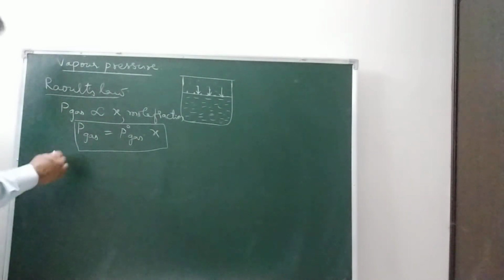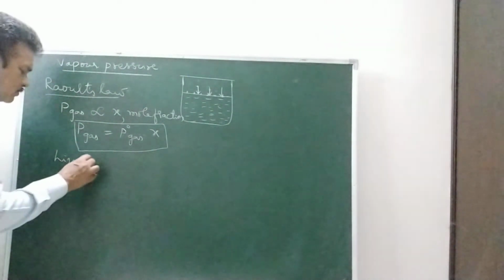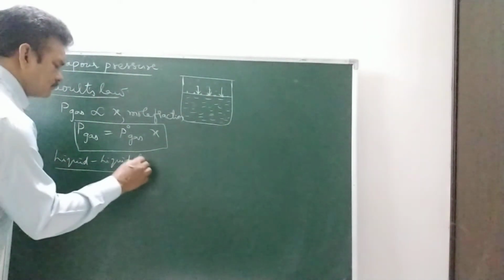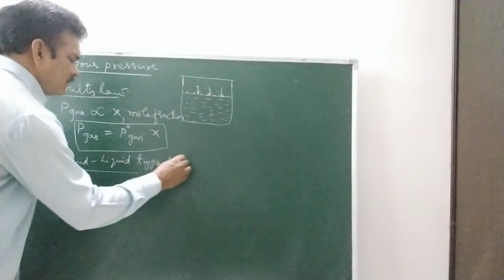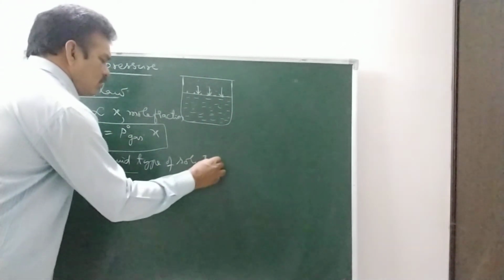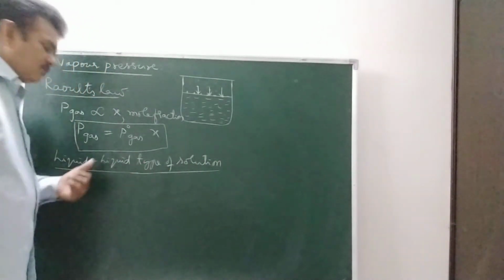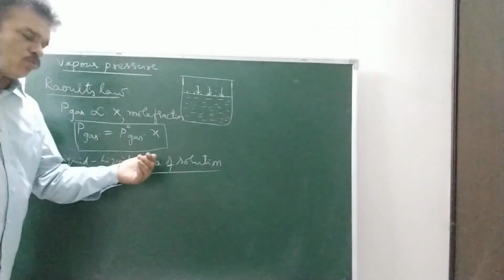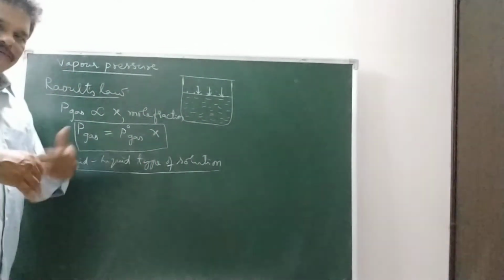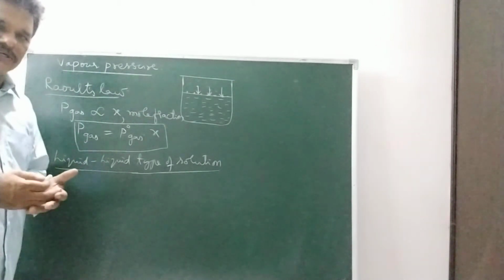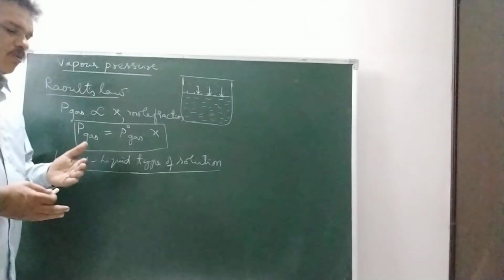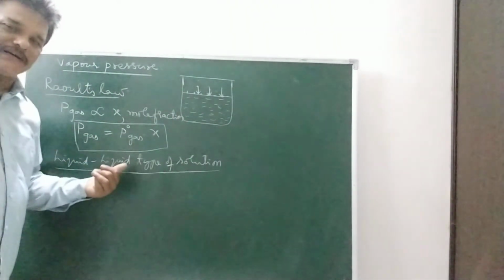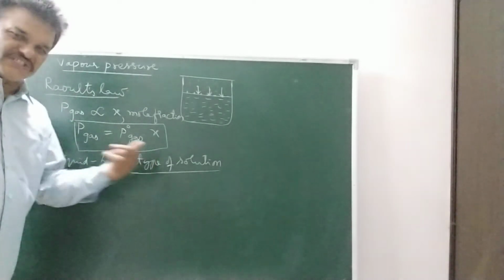If we take a liquid-liquid type of solution, say both are volatile liquids. We are taking two volatile liquids and they are mixed with each other. What will be the total pressure of that mixture?